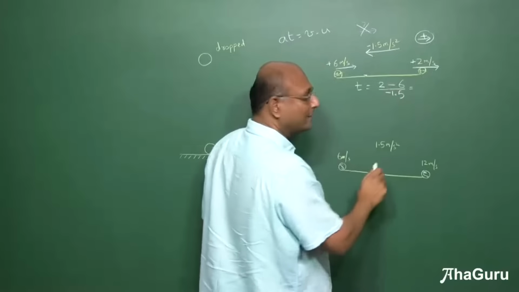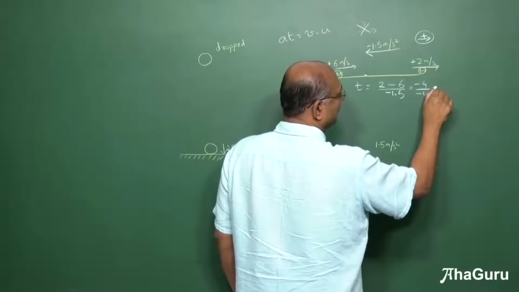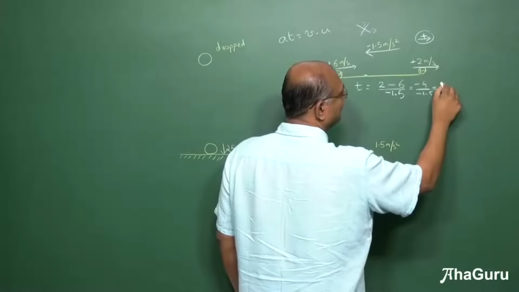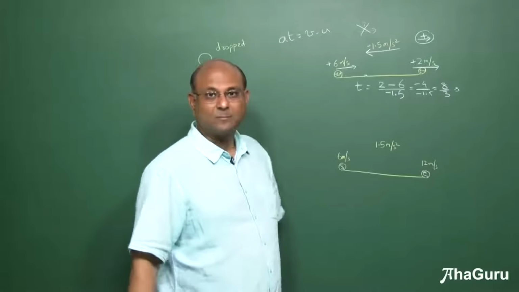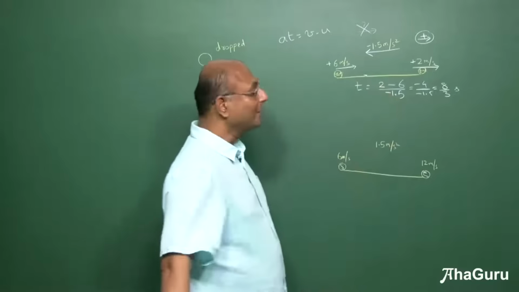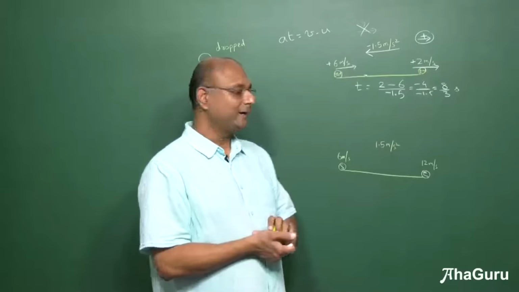Minus 4 by minus 1.5, and so you get, see this is 3 by 2, so that basically will go up there. It becomes 8 by 3 seconds, 2.66 seconds. Okay, so this gives you the time here. Time has to be a positive quantity because it's time from start to end.